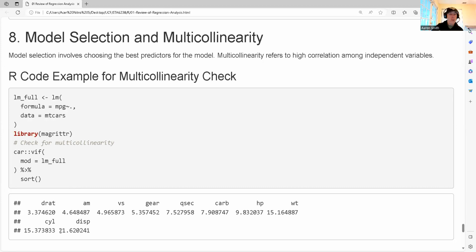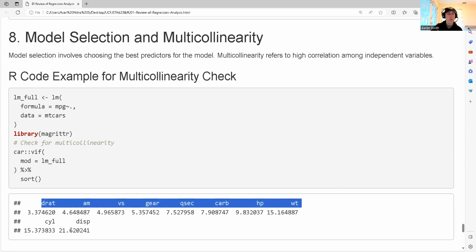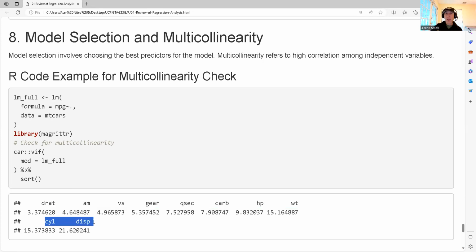So here, like displacement, this is considering having all predictor variables in my model. And then I'm going to look and see which one of these is the best candidate to get rid of. Well, I look here, I see displacement is very large. So what this is telling me is that the displacement information is redundant with other values in here.